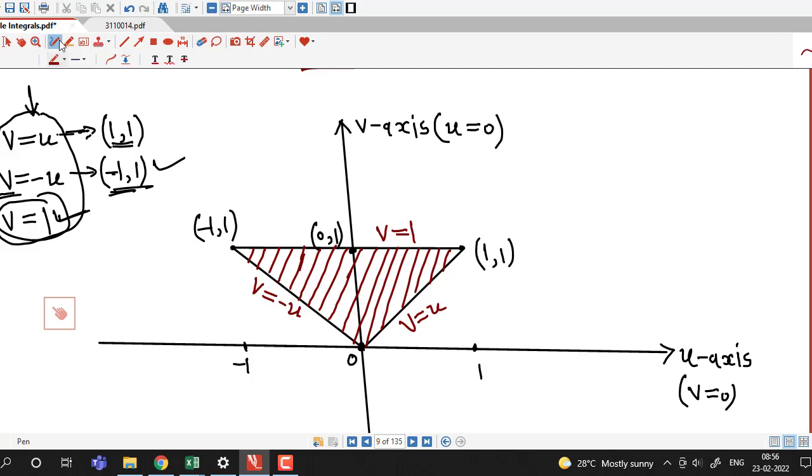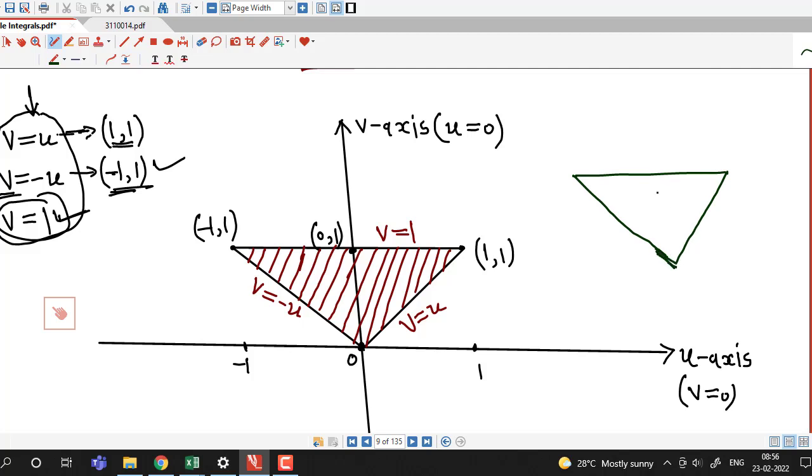Now here there are two possibilities to find out the limits of integration. Either we can select vertical line passing through the region or horizontal line. So which one will be easy? So our region looks like this. It is a triangular region.